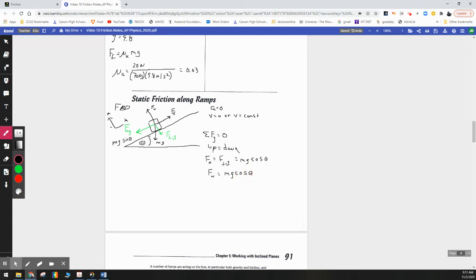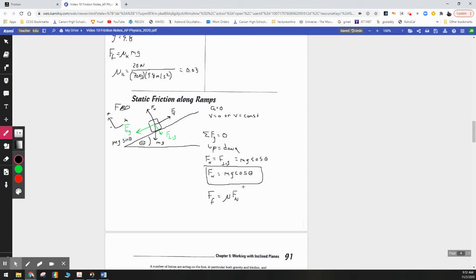Now, if this was a flat surface, theta would be 0, and the cosine of 0 is 1, so the normal force would just equal mg. So on our inclined plane, or on our ramp, the normal force is given by mg cosine of theta. Now, how do we tie that in to the frictional force? Well, the force of friction is going to be mu times the normal force.